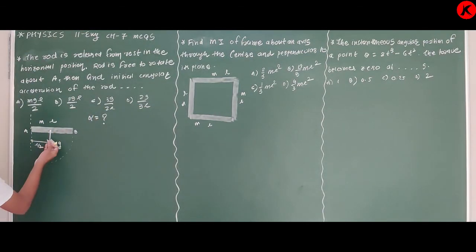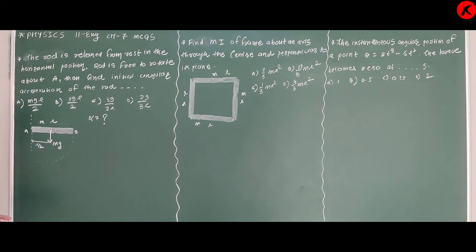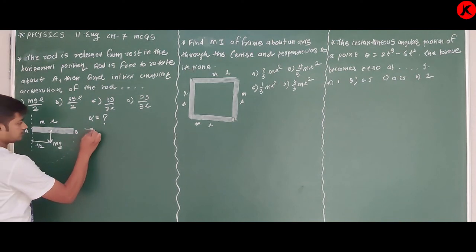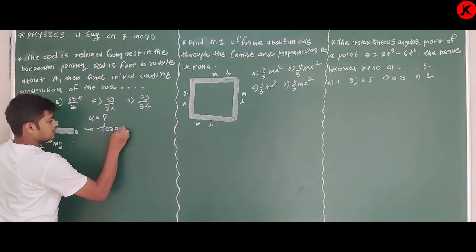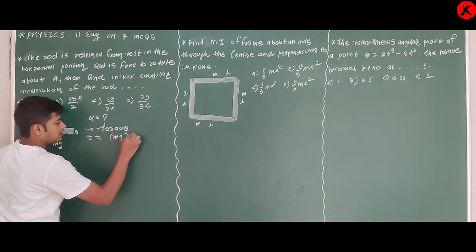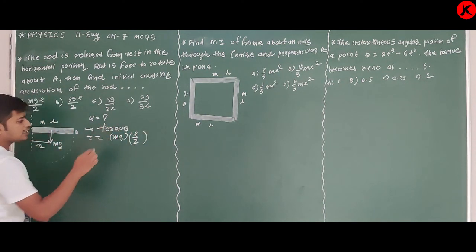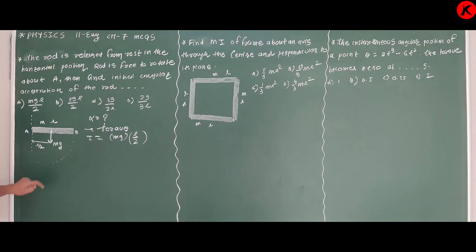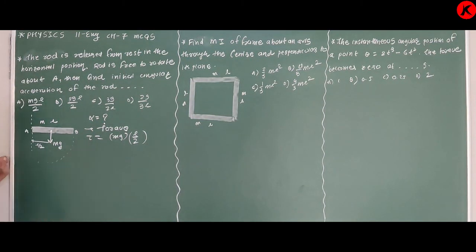So torque tau is equal to force into perpendicular distance. Why L by 2? Because its center of gravity is here and the weight acts at the center of gravity. So torque tau is equal to mg L by 2.